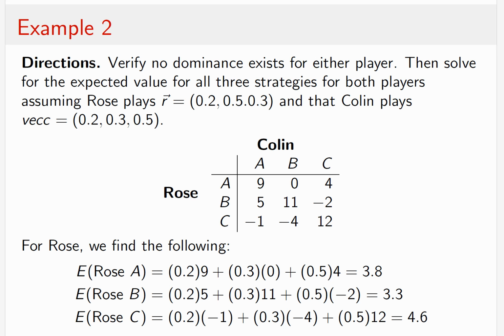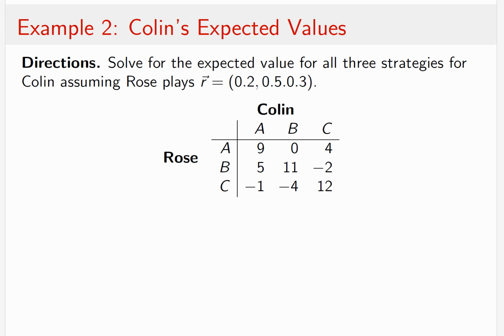What about Colin's? Okay. Well, now we've got Rose's strategy mixture. Again, not necessarily optimal, but that's what she's playing. So how do we do that for Colin? Well, for Colin, right, we take 9 times 0.2 and then 5 times 0.5 and -1 times 0.3 because we know the strategy mixture that Rose is playing.